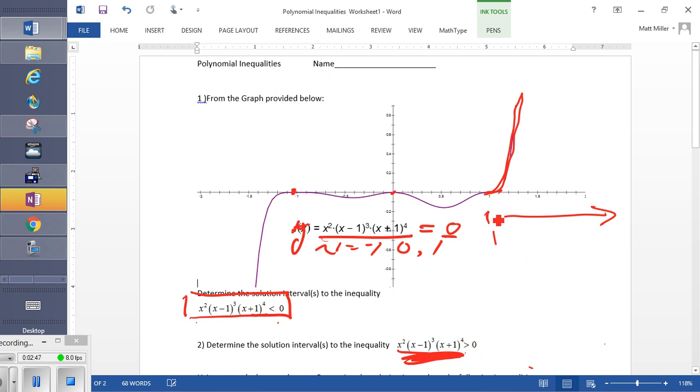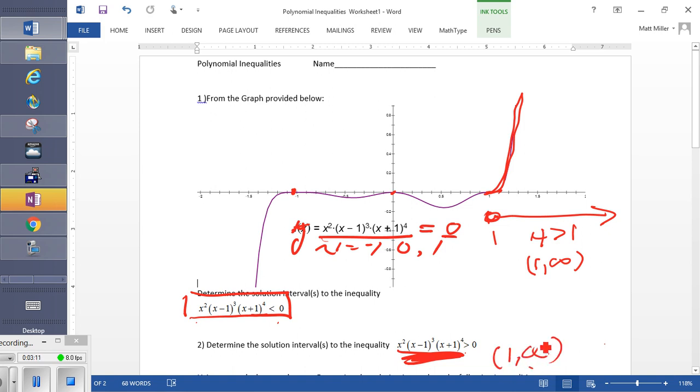So basically, it's this portion of the x-axis which is satisfied, which is what? All the x's greater than 1, which as an interval is represented as 1 to infinity. So that's the answer to this question, from 1 to infinity.